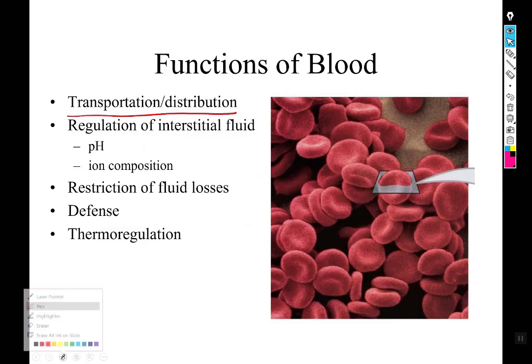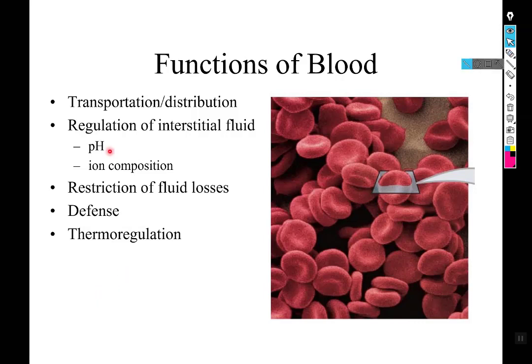regulation of interstitial fluid. All of the interstitial fluid in you, so the fluid that's between your cells and tissues, all of that stuff comes out of your blood. So the pH of your blood is going to influence the pH of your interstitial fluid as well as what ions are in it. And we know that cations are really important for regulation of things like nervous and muscle functions, so let's add some of those.